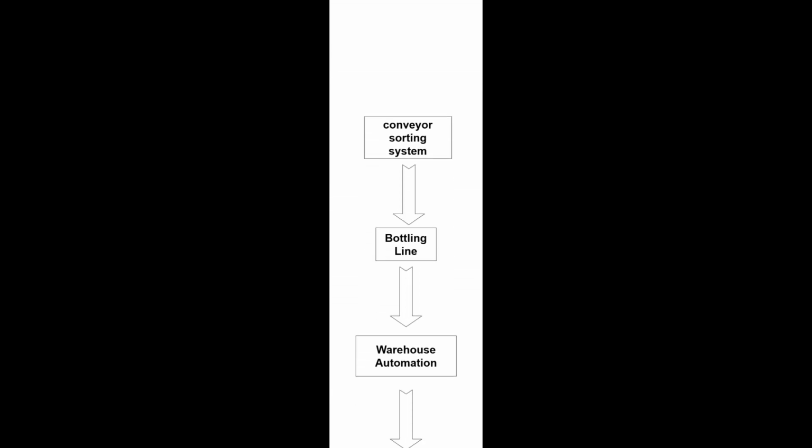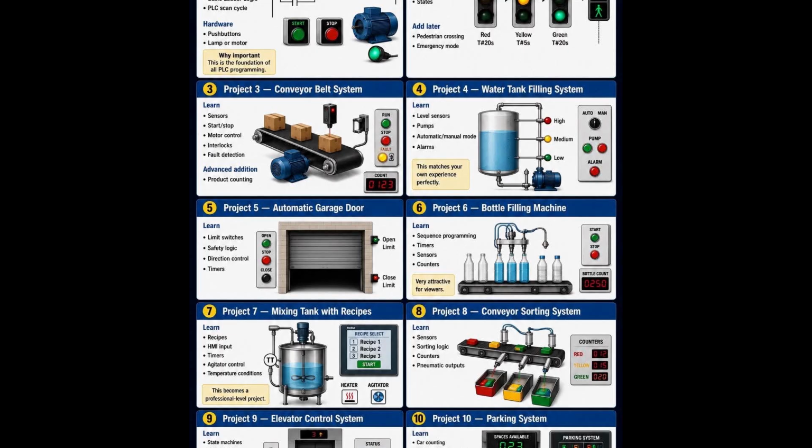Throughout this series, we'll start with this conveyor system and gradually build towards larger, more realistic automation projects. Along the way, you'll discover how engineers think, design, and solve industrial problems.